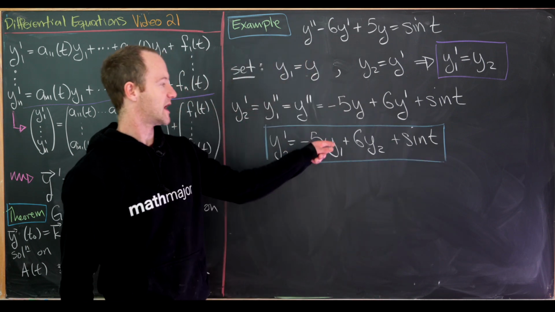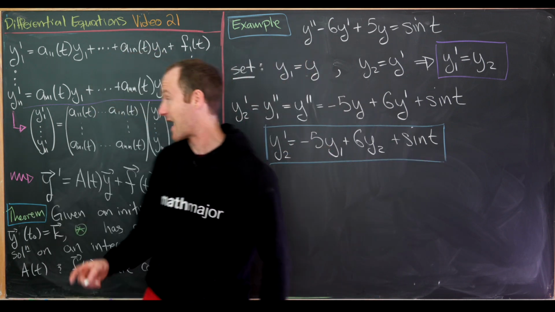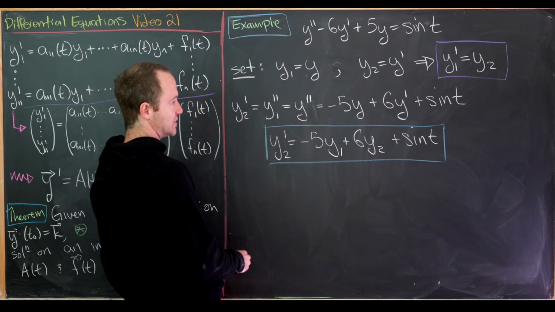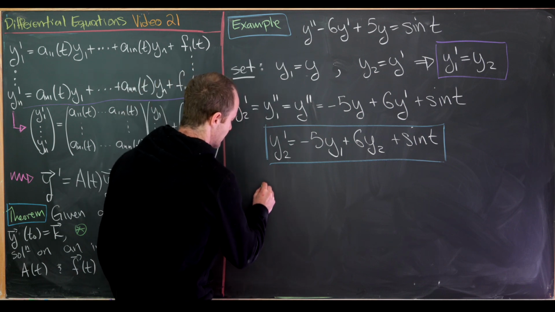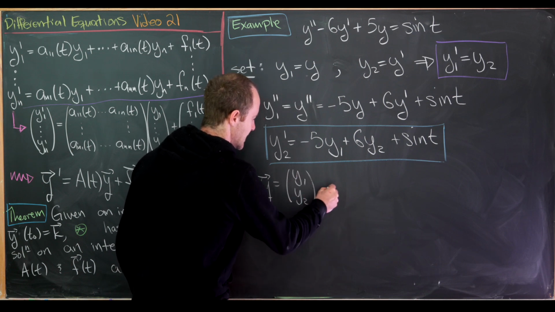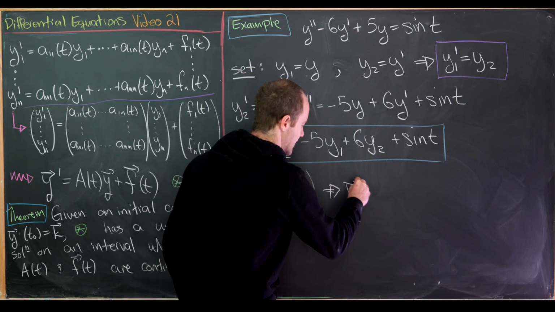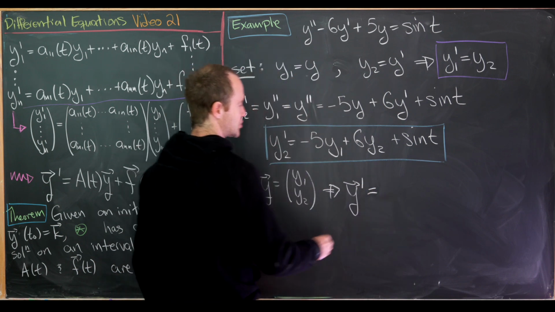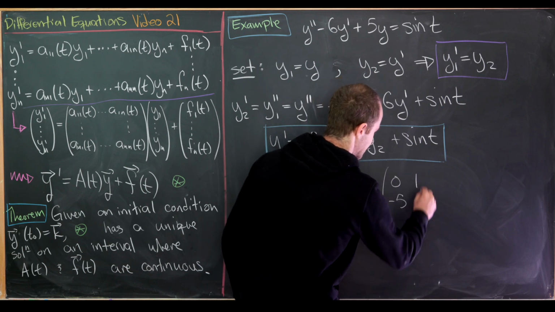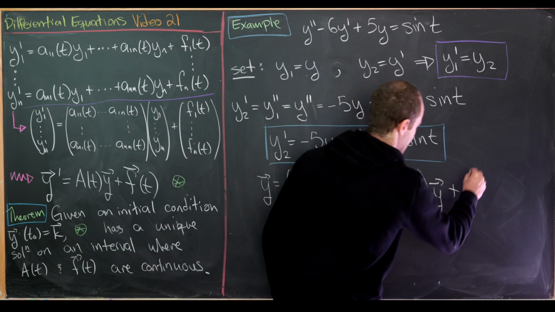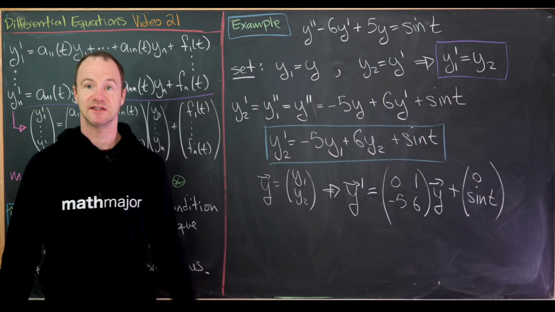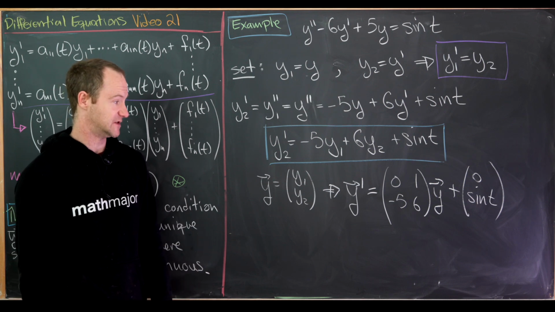Putting this purple box and this blue box together, we see that we have a system of two equations. Now we can put this into a matrix vector equation as follows. We assign vector y to be y1, y2, and then the derivative of this vector valued function is equal to the matrix with rows 0, 1 and minus 5, 6, times vector y, plus the forcing function, which is vector valued with entries 0 and sine of t.